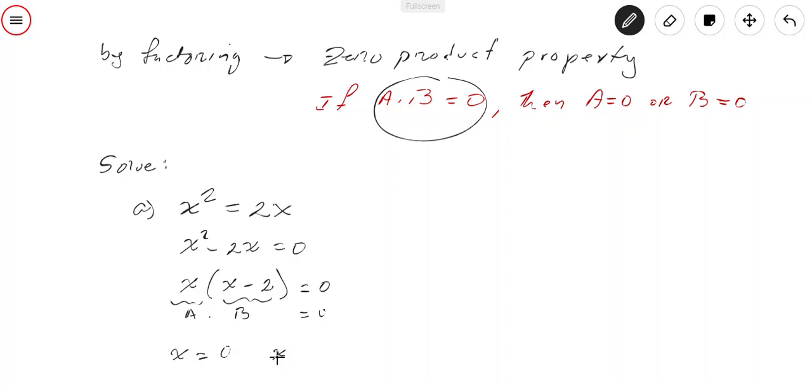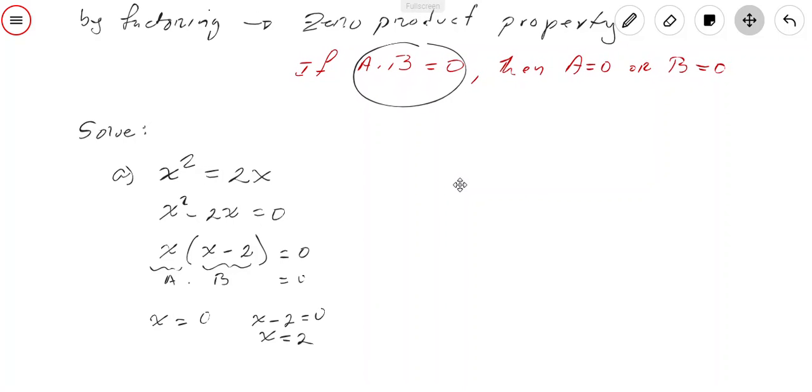And then I have x minus 2 equals 0, so solving for x, x equals 2. It means that in this case we have two solutions, and when we are solving quadratic equations, we are expecting to have two solutions always, right? One of the solutions will be 0, and the other solution is 2. So I have 0 and 2 as solutions of my equation.